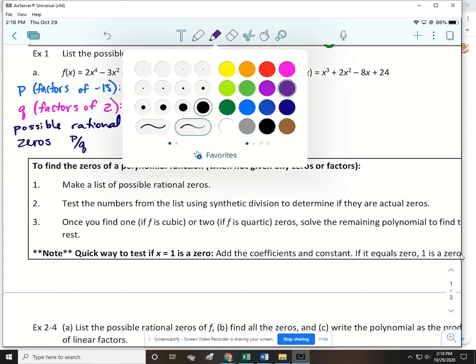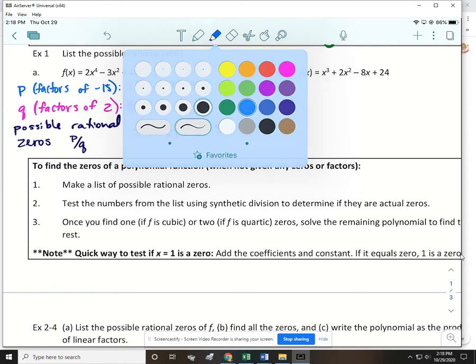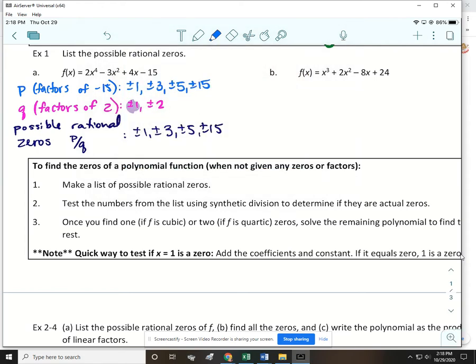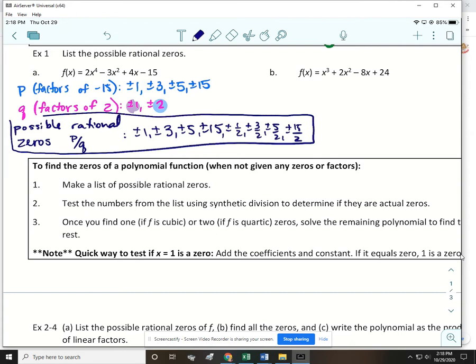Then I'm going to take everything in my p list and put it over 2.